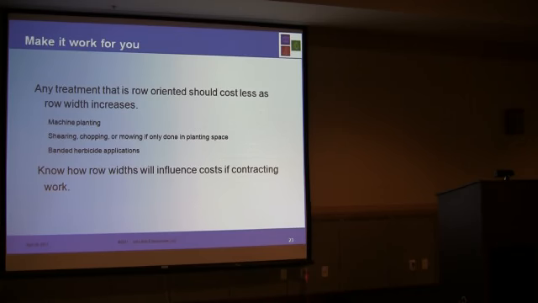I think that anytime you have a row-oriented treatment going on a piece of property, bedding, where you're pulling a bed or subsoiling, machine planting, banded herbicide applications, and even, if you get to wide rows, some of your land clearing activities, you can do that.